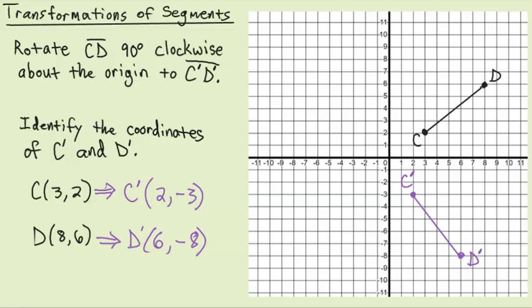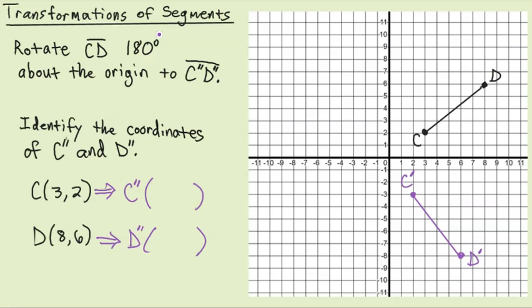Let's try one more of these as an example. All right, so now this is saying rotate CD. So we're going to start with the same segment. We're going to rotate it 180 degrees about the origin to C double prime D double prime. Now you may say, well, are we rotating 180 degrees clockwise or counterclockwise? It doesn't matter.